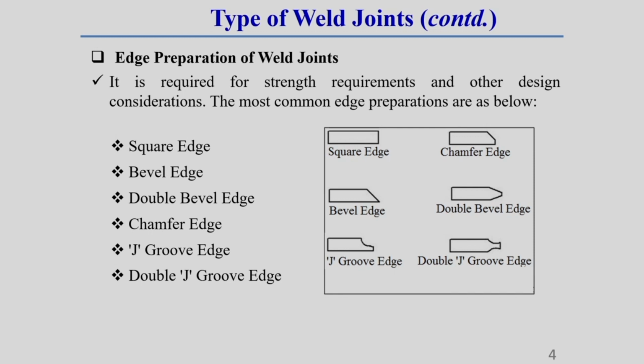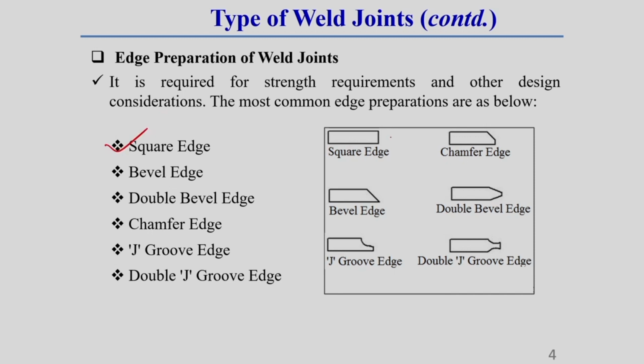Generally, we do the following edge preparations, which are required for strength requirements and some other design considerations. These are the 6 different edge preparations most commonly used in the actual field, that is why I am showing them here. One is called a square edge.